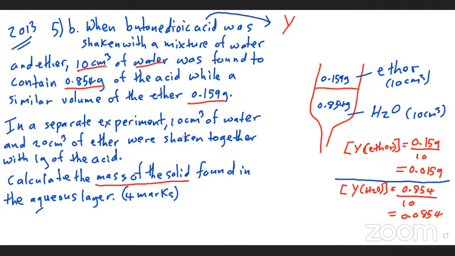Water, sir. Right. And so which one would we put on top? 0.854. Right. So it would be 0.0854 divided by 0.0159, and you should get 5.37.